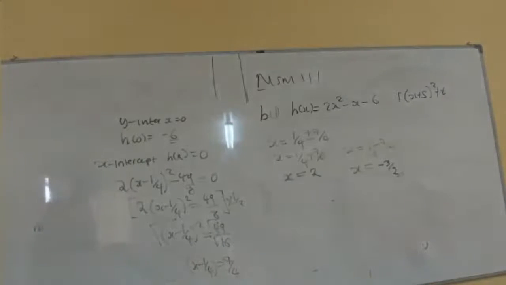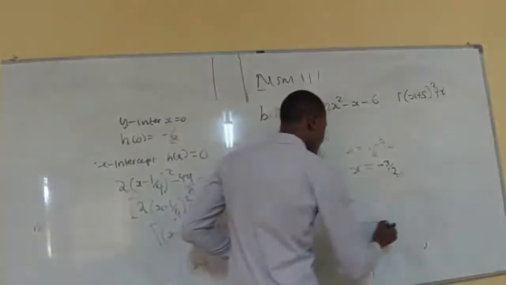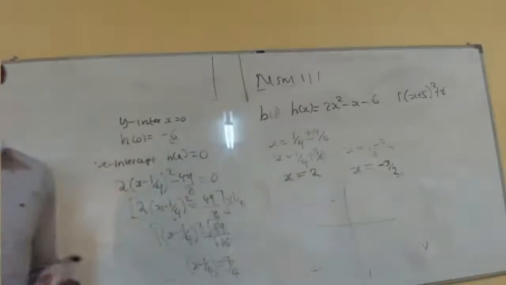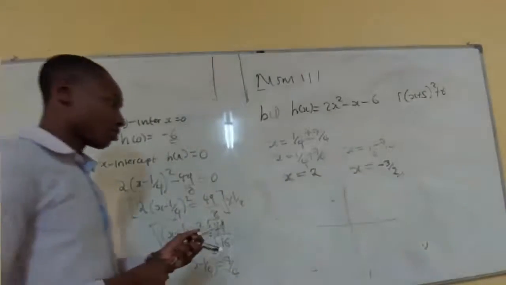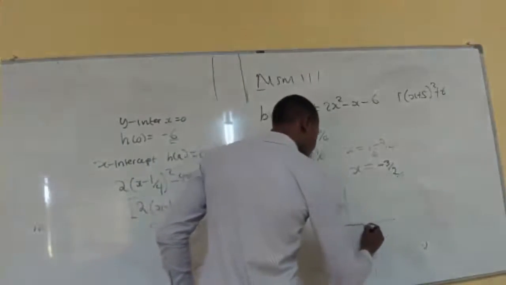Okay, that having been said, we now have all the information we need in order for us to sketch this. So, sketching, okay, I hope my graph will be visible enough. Okay, yeah, it will.